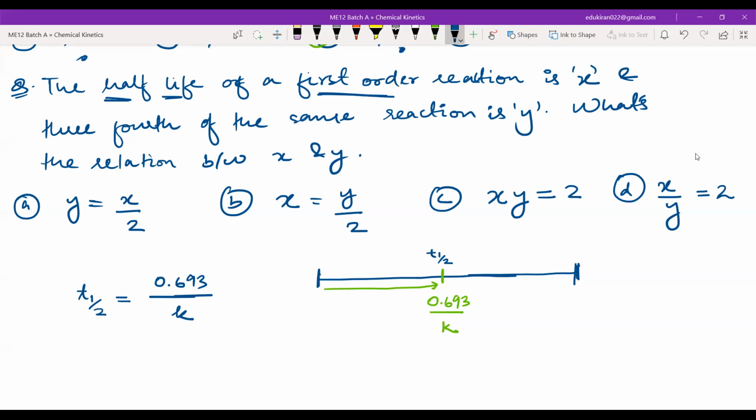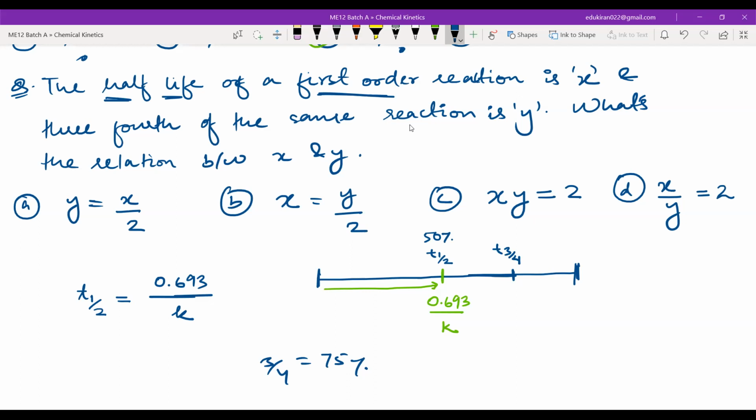Now we have to find T 3/4. If this is 50% of the reaction, 3/4 will be 75%, so somewhere here. Yes or no? T 3/4.